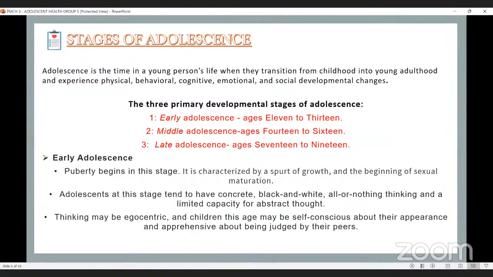Adolescents at this age tend to have concrete, black and white, all or nothing thinking and a limited capacity for abstract thought. They may be egocentric, and children at this age may be self-conscious about their appearance, apprehensive about being judged by their peers. Next slide, please.